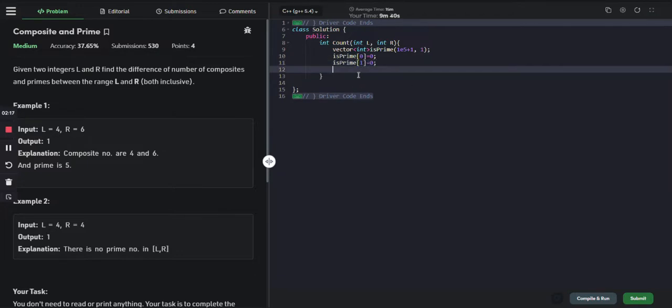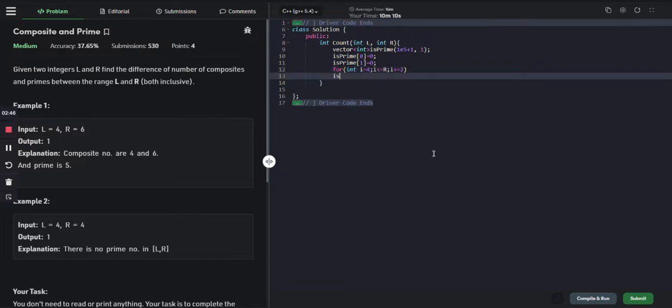So we are going to start with number 2, and we need to mark all the multiples of 2 as not prime, or you can say composite numbers. So here I can start with int i equals 4, and i should be less than or equal to R, i plus plus, i plus equals 2.